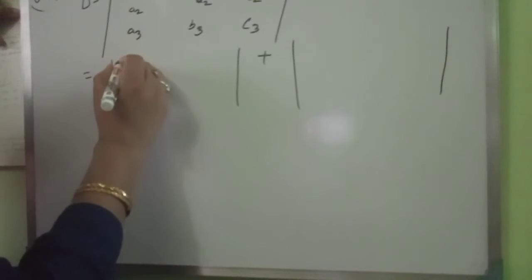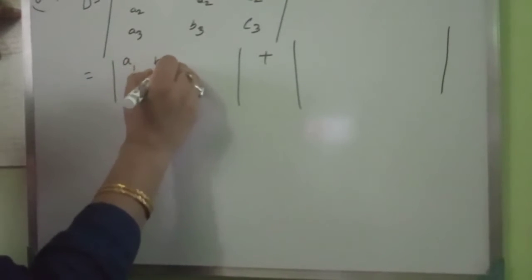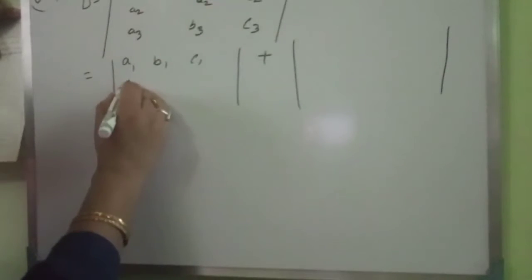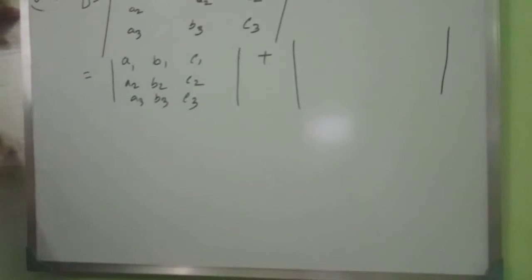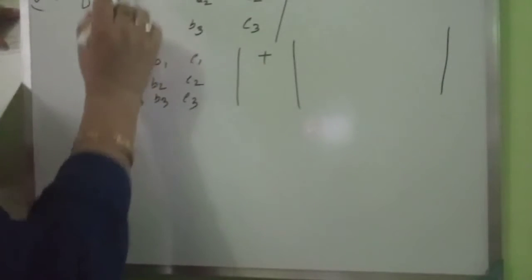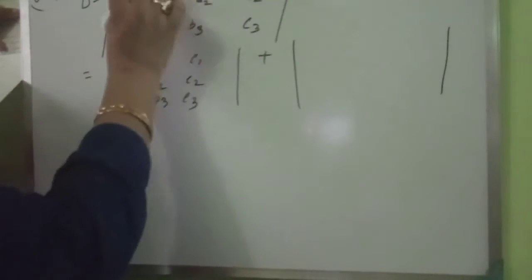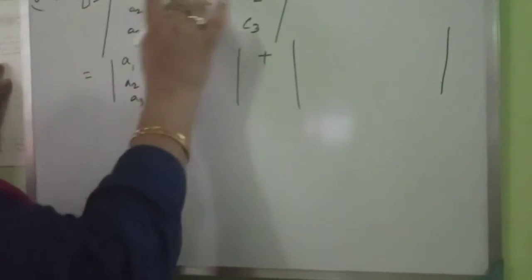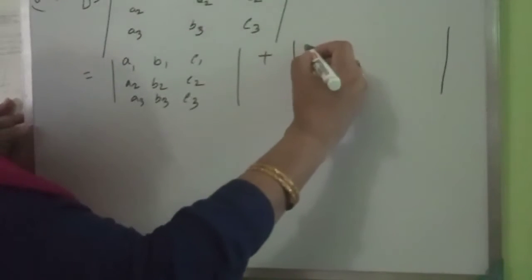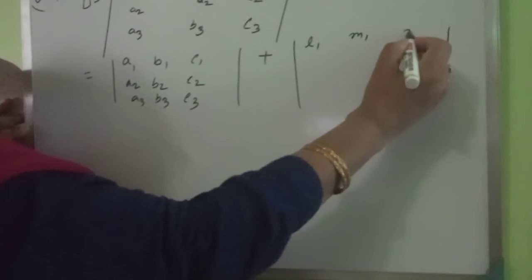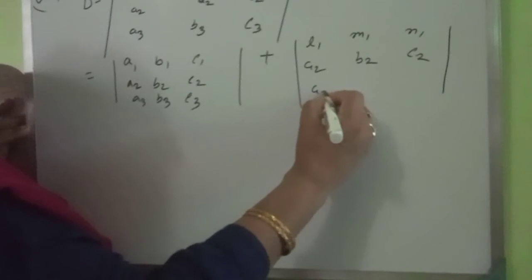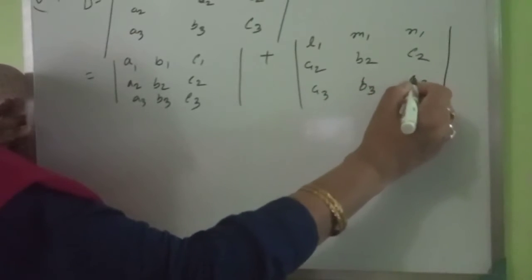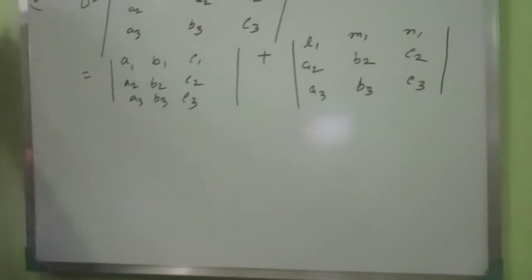So we can write A1, B1, C1, A2, B2, C2, A3, B3, C3, and the terms which are added, L1, M1, N1, are separated in the first row: L1, M1, N1, A2, B2, C2 and A3, B3, C3. In this way we can express the determinant.